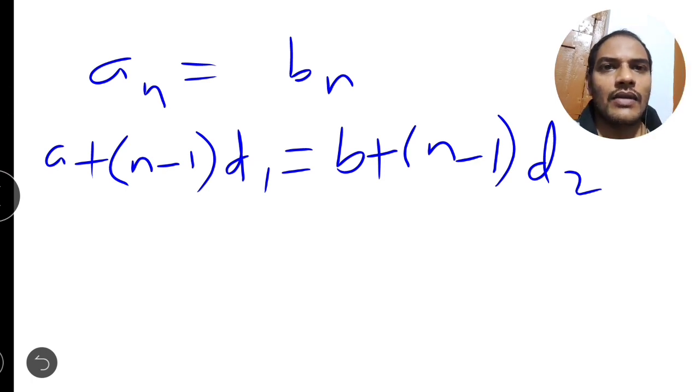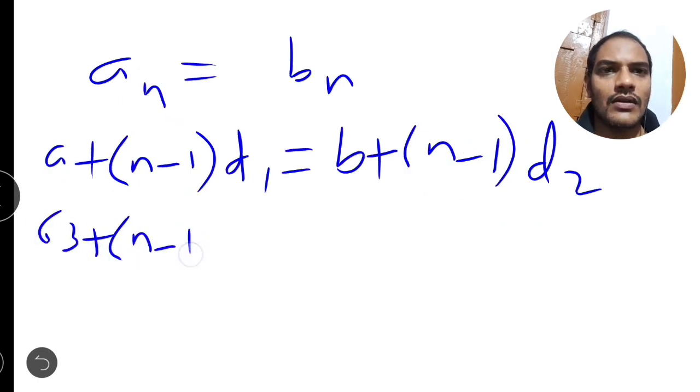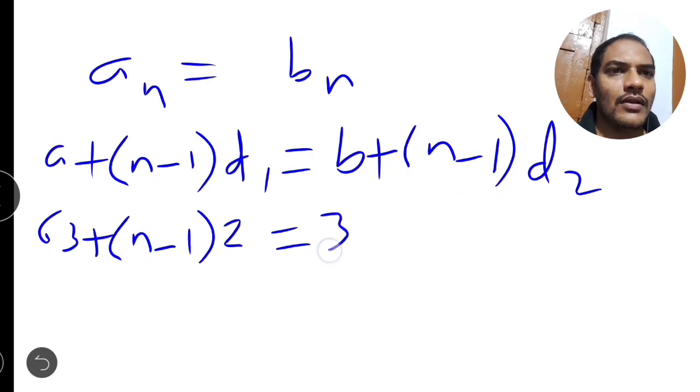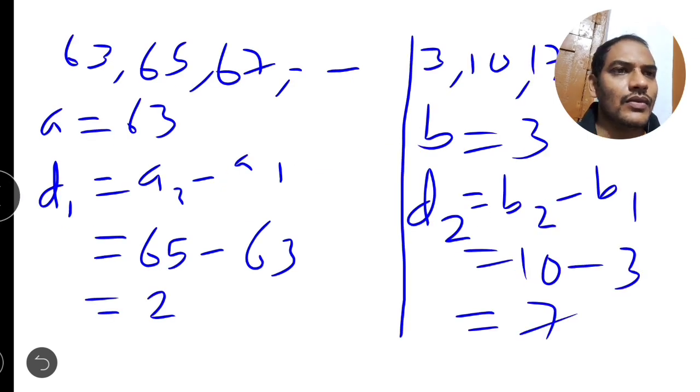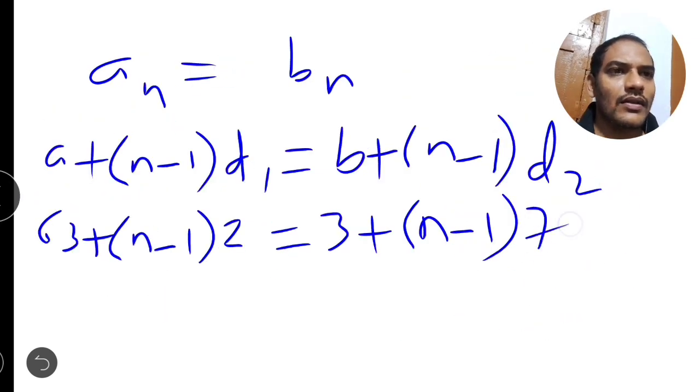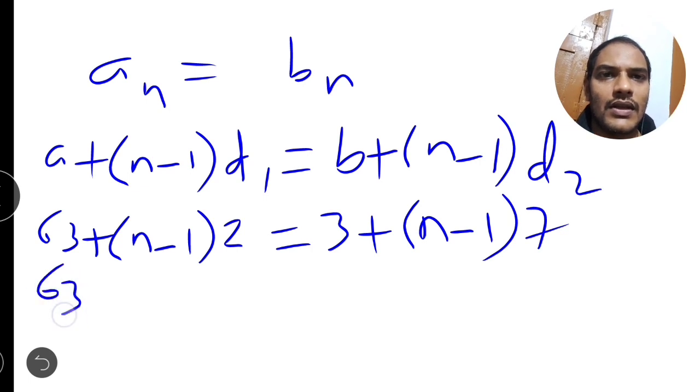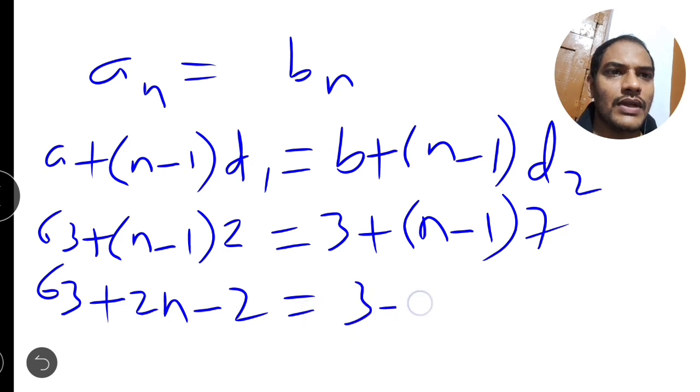So let's substitute the values here. A value 63 plus n minus 1 into d1, which is 2, equals B value 3 plus n minus 1 into d2, that is 7. So 63 plus 2n minus 2 equals 3 plus 7n minus 7.